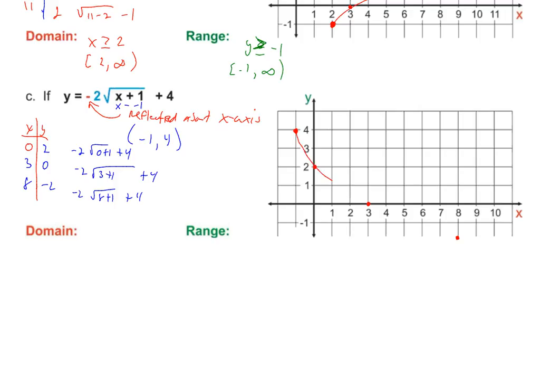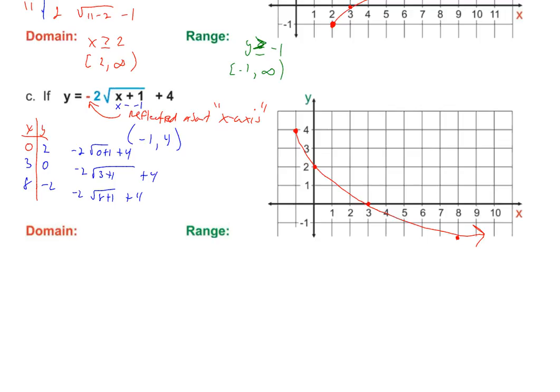We are now ready to do our function, right? Now remember, we're translated 1 to the left and 4 up. So maybe reflected about the x-axis isn't the best term.